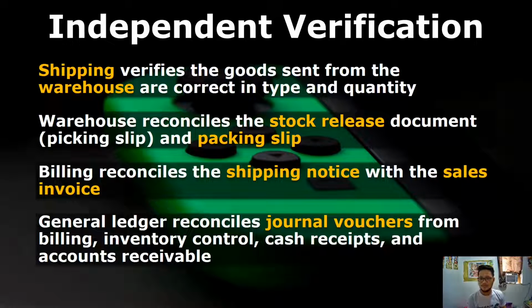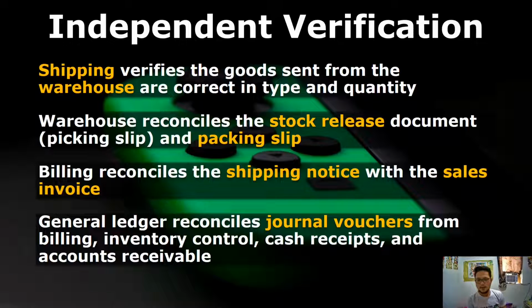Like for example, shipping verifies the goods sent from the warehouse. They verify if it is correct in type and quantity. Warehouse will reconcile stock release documents and packing slip. The picking ticket and packing slip, that's picking ticket actually.